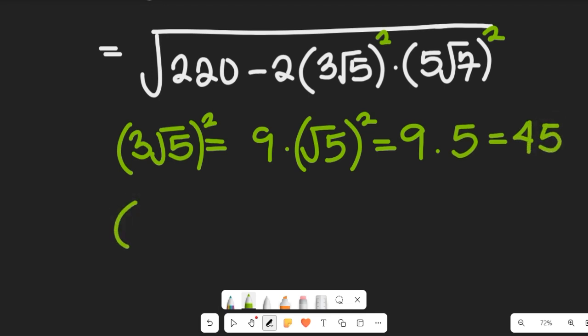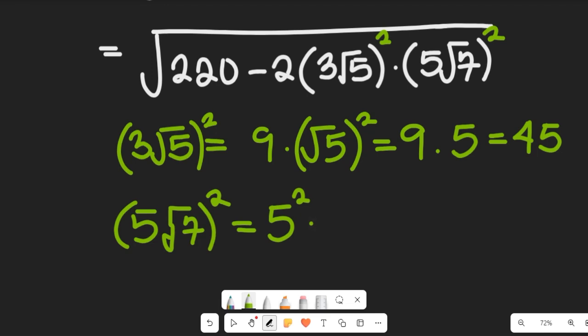Now, if we look at the other one, 5 root 7, if we take the square of 5 root 7, we're going to have 5 squared multiplied by the square root of 7 squared. Root 7 times root 7 will give us 7.